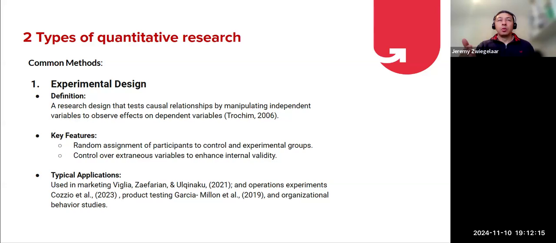So we might measure them before we've done the treatment. We have a group that is a control group, so we call them X, and we have the treatment group Y.